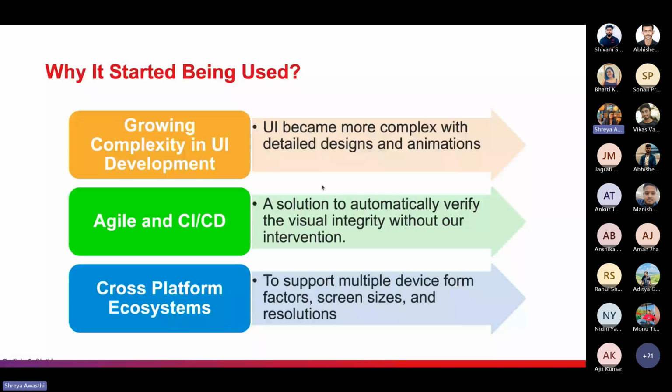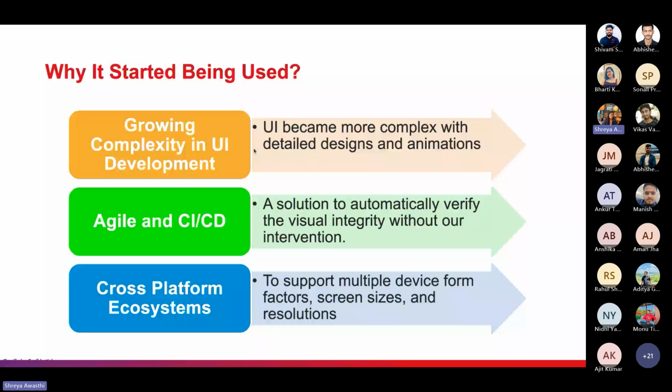For example, we use GIFs and videos, and we cannot catch changes like a color change in a video manually. So we started using screenshot testing to compare the reference image and the screenshot, to see whether the image and content are the same and the position of the element has not changed.